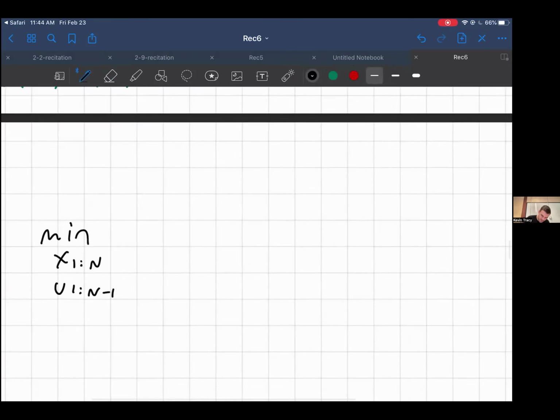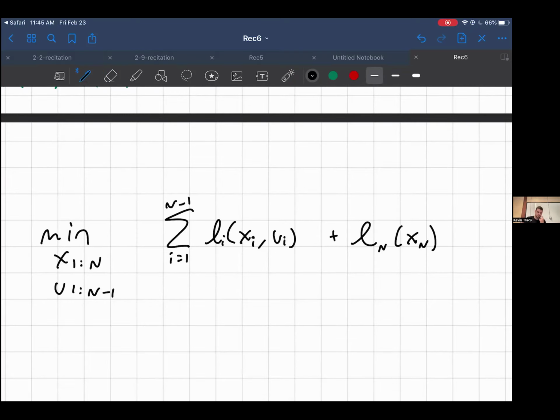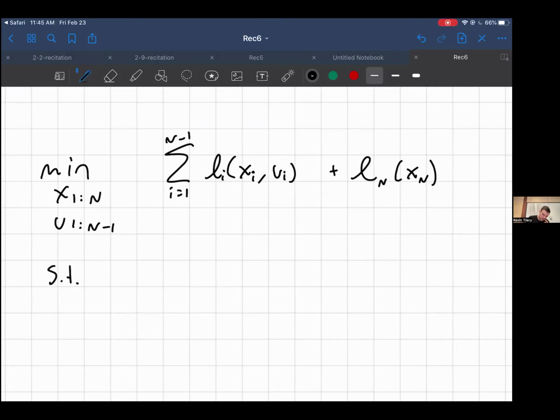Okay, anyways, here's our problem. Just some stage cost, then some terminal cost. Now the first constraint, initial condition, sorry.